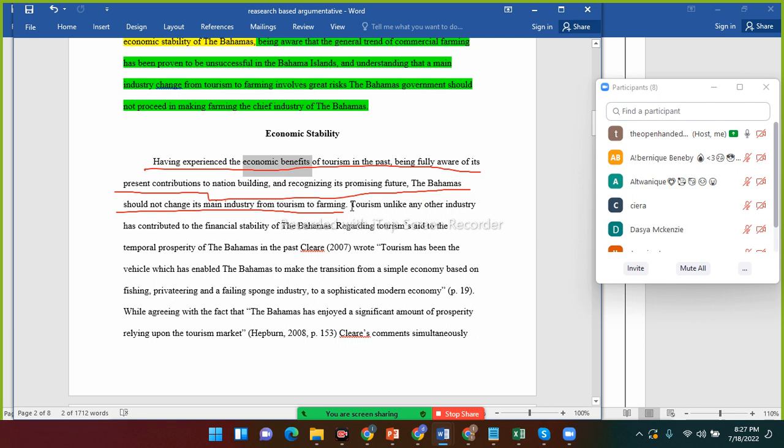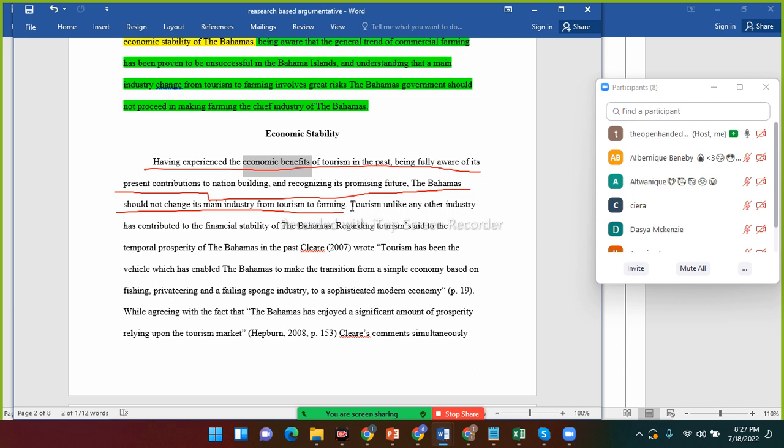What I did here also was I answered the question again, but I gave a specific point to answer the question. So in the introduction, you answer the question by giving 3 reasons. In your body paragraph, you answer the question by giving 1 reason per paragraph.